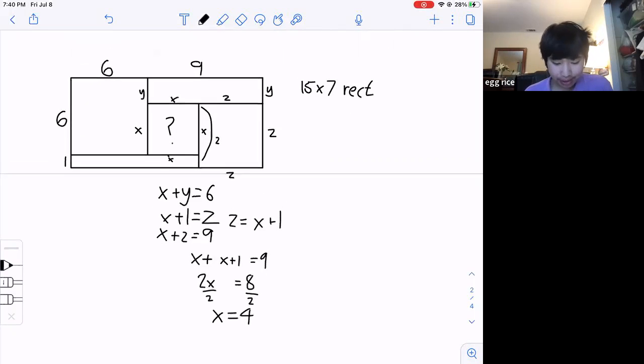So does this process of variables, all this stuff, make sense to everybody? Does anyone have any questions about this process?